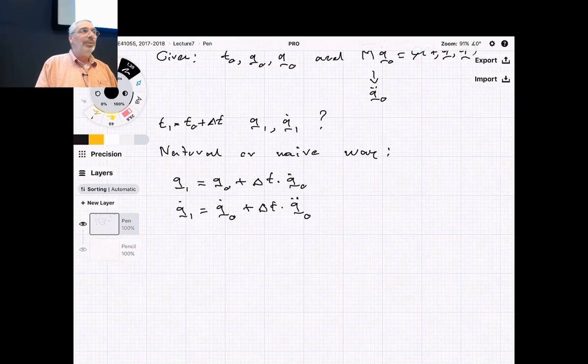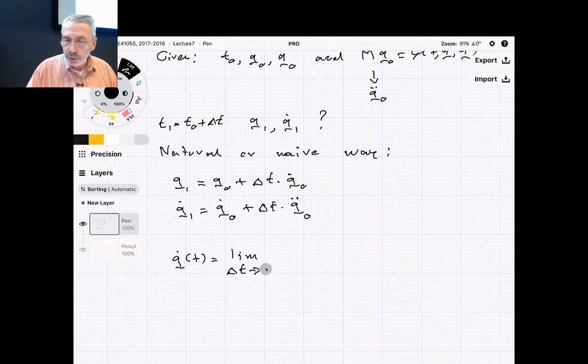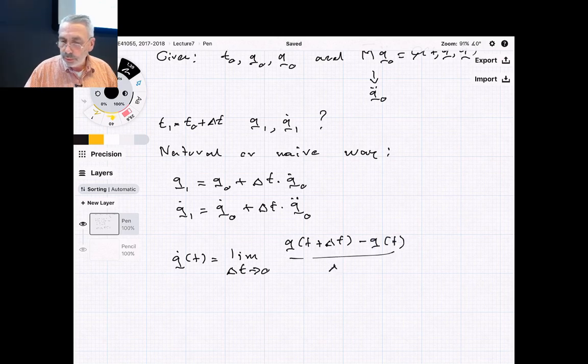Yeah, natural, because the derivative is defined as q dot at t, the limit of delta t going to 0, where you take q(t plus delta t) minus q(t), and then you divide the whole thing by delta t. That is the definition of speed.